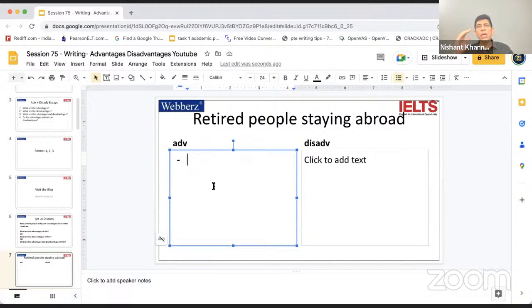Okay. Now, suppose they go abroad and stay there, not with you, they go alone and stay there. What is the advantage of those old people staying abroad? Now, I will give you one example. What is happening in the world? A lot of people from Australia, from New Zealand, they come to Rishikesh and they stay there.